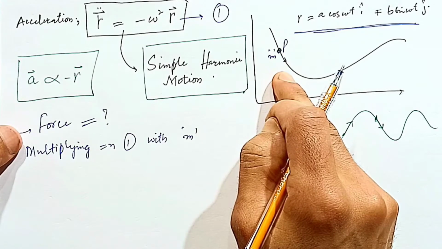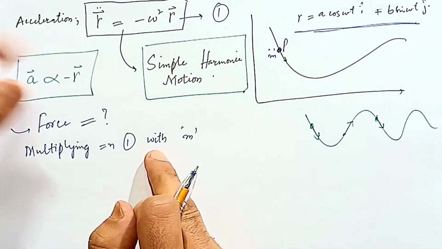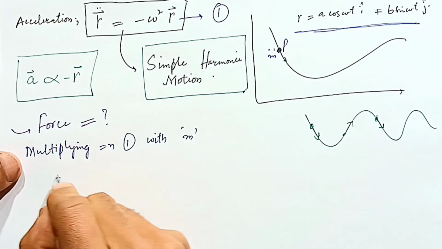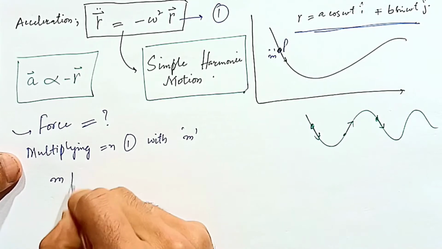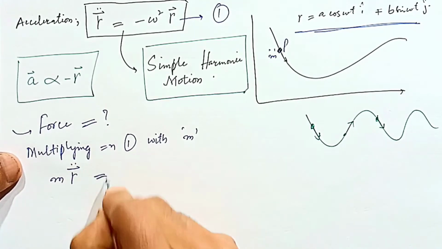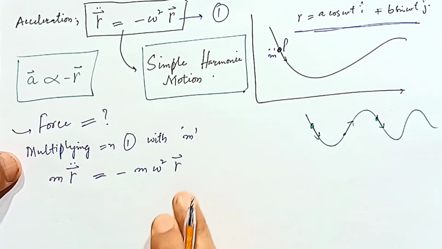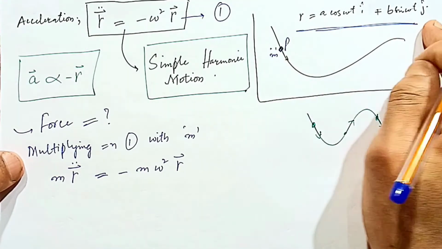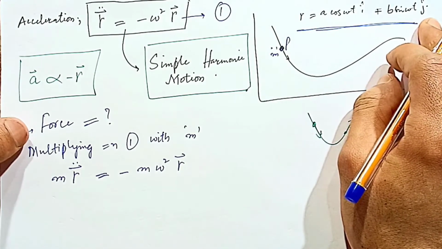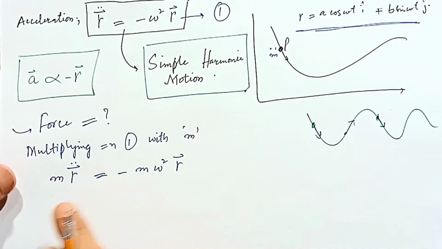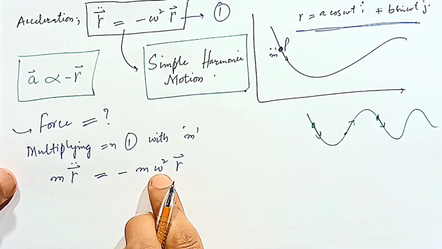So we will get mass times r double dot equal to minus mass times omega square r vector, and r is given by this very equation. So we will get this very equation like this.